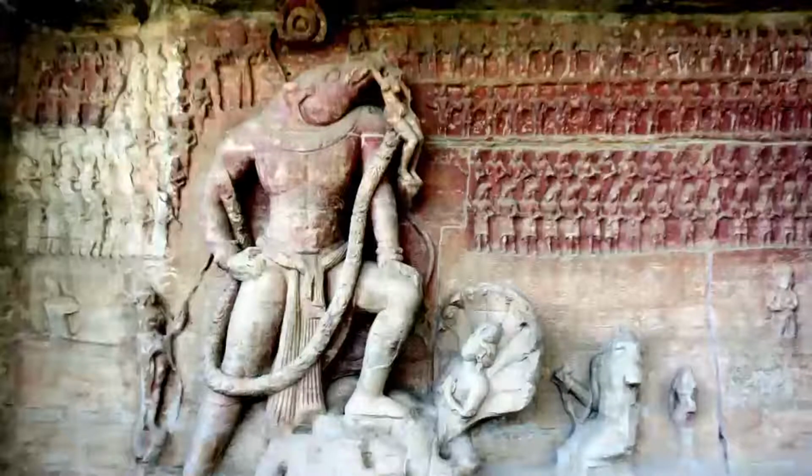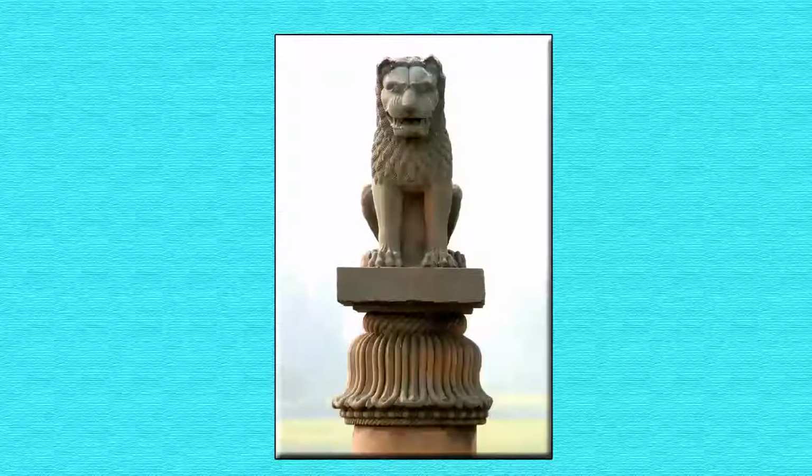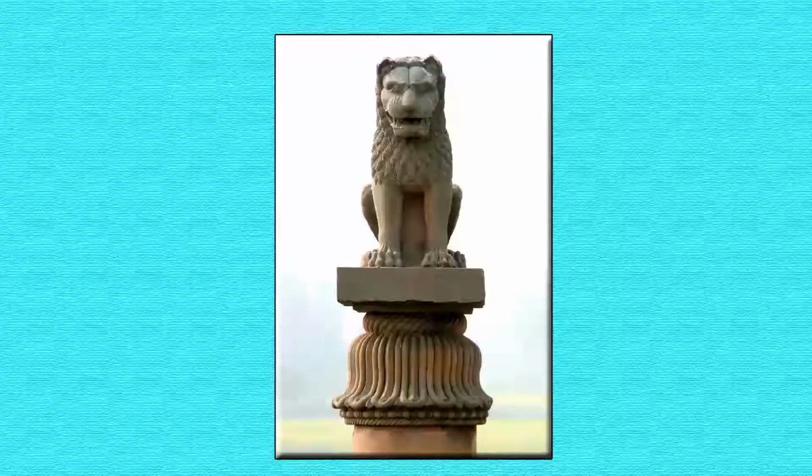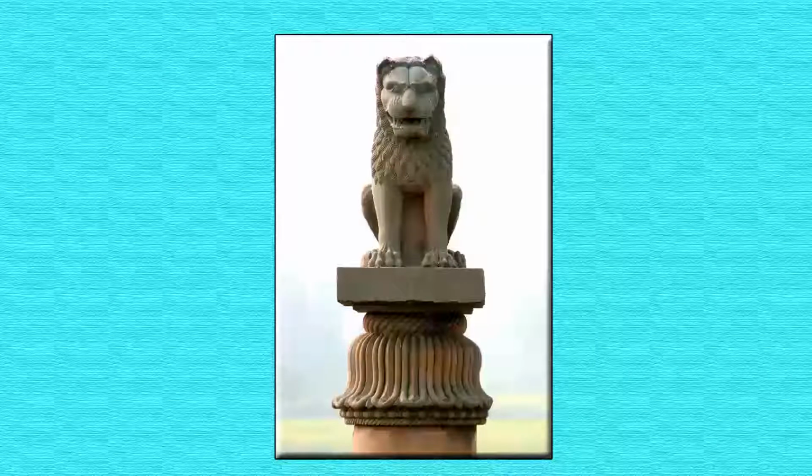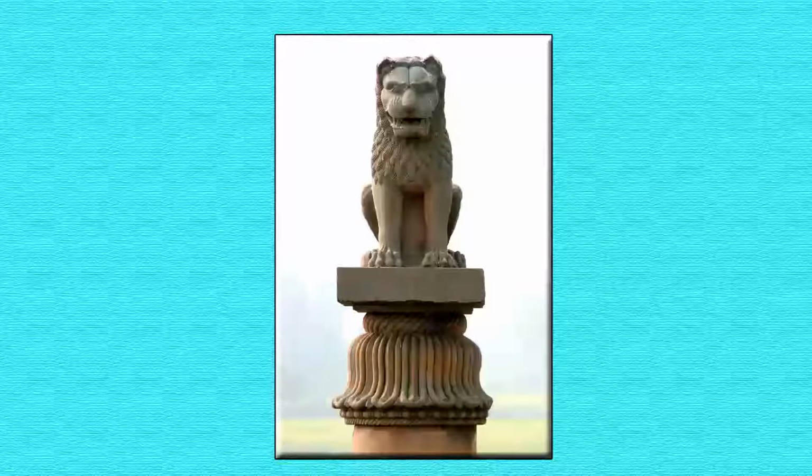For example, this one, which is an image of a Varaha, one of the incarnations of Lord Vishnu, is found on the wall, which is slightly interior, not exactly the exterior wall of a cave at Udaygiri belonging to the Gupta period. You find a beautiful sculpture of a lion surmounting the Ashokan pillar of the Mauryan period.